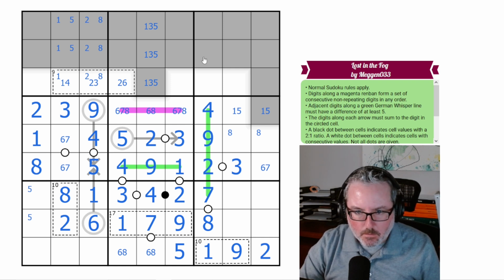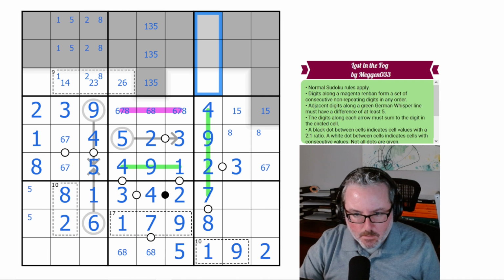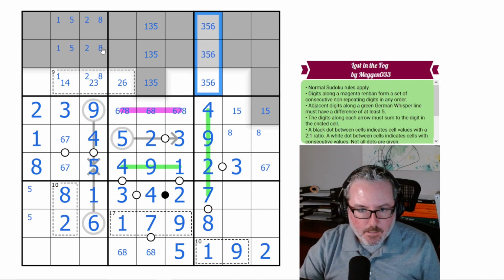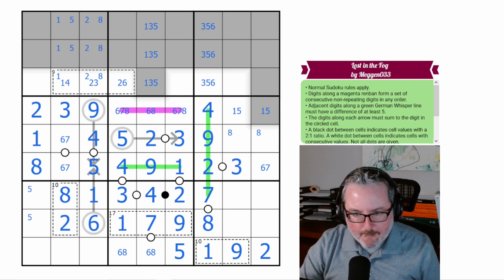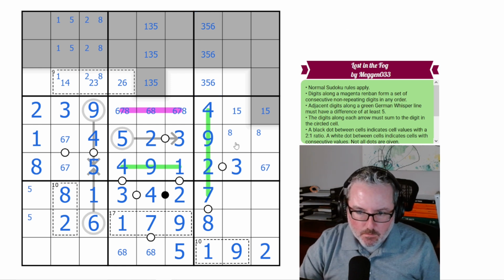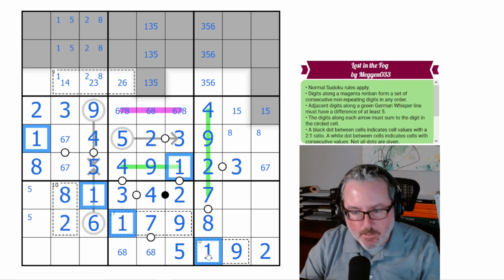Okay, this seems to be where we're moving at the moment. We have to have a 3, 5, and a 6, but there's nothing looking at it. These are from 6, 7, and 8. Is there anything just basic Sudoku-y that I can do here?